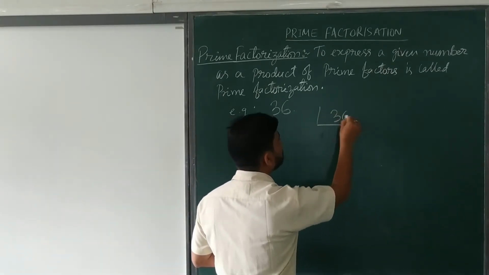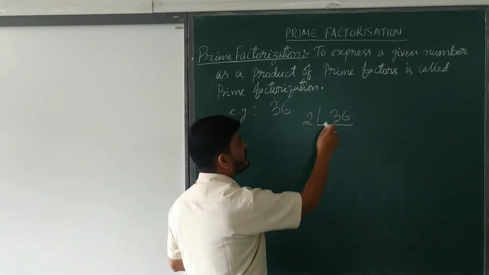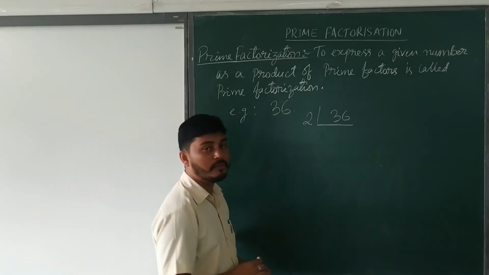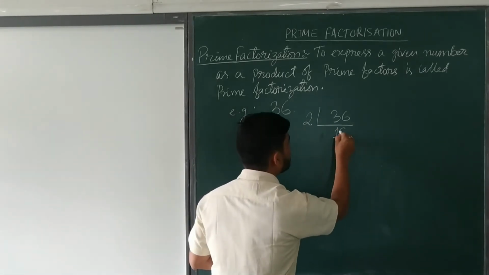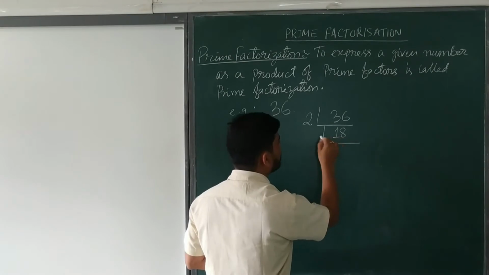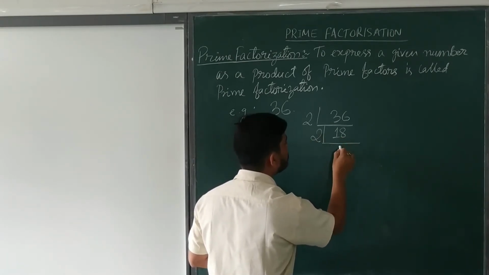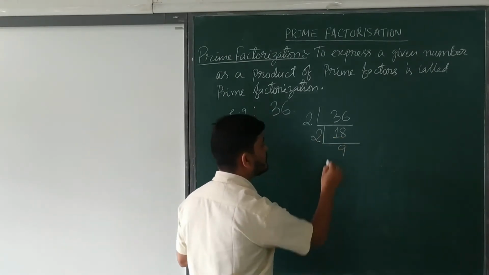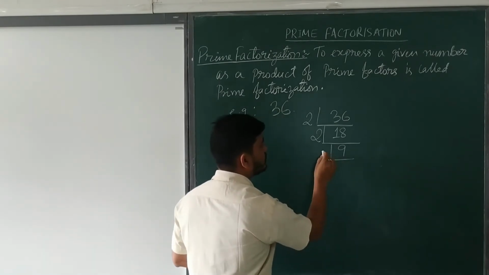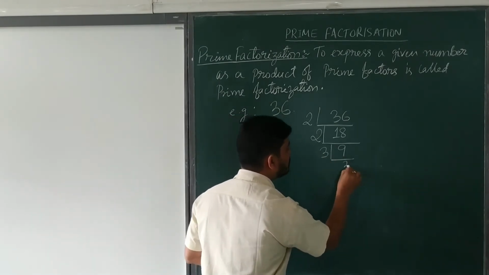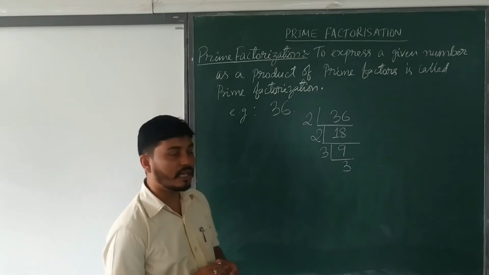We proceed in this way. 36 is an even number, so divide by 2. 2 18s are 36, still an even number, so still divisible by 2. 2 9s are 18, and now 3 3s are 9.